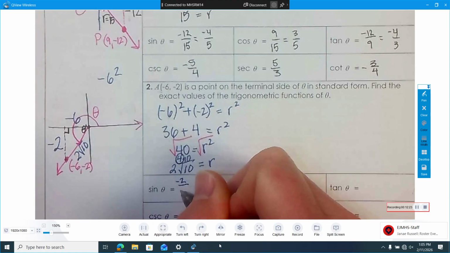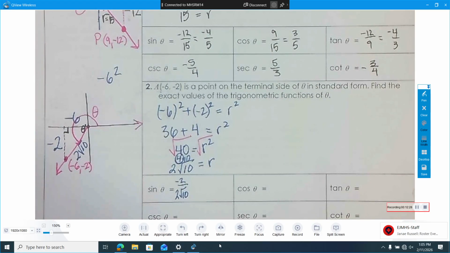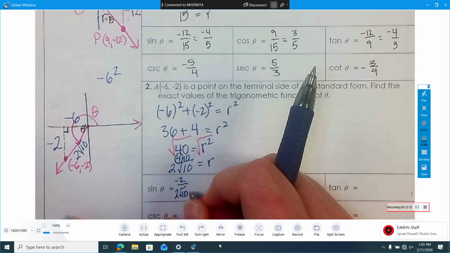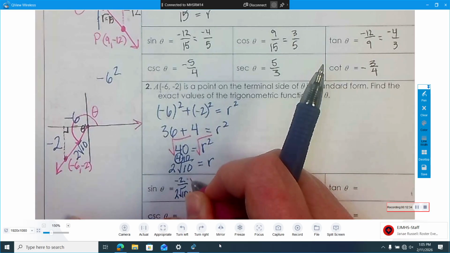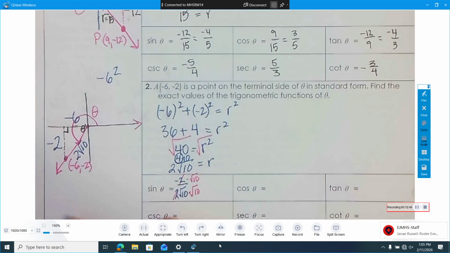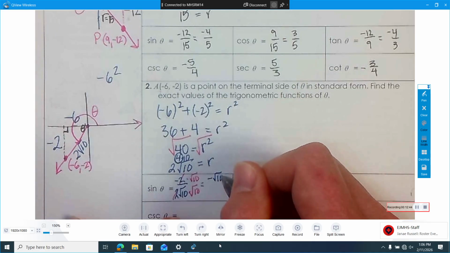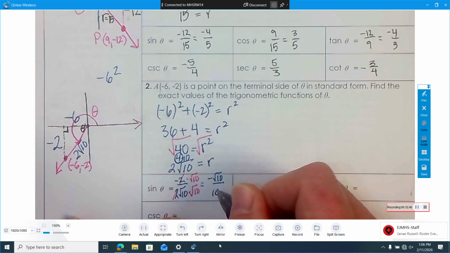Negative 2 over 2 square root 10. Yeah, we do have to rationalize that. So I'm going to multiply top and bottom by radical 10. What do you suppose happens with these 2's? Yeah, they reduce to 1, so that's kind of nice. And so we get negative radical 10 over 10.